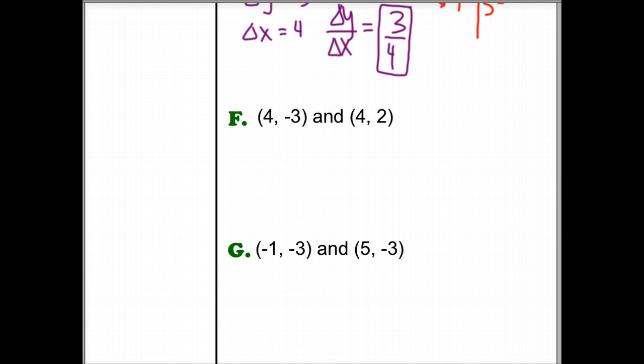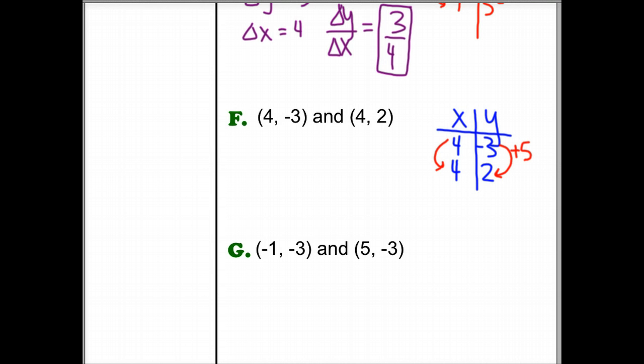We have 2 more problems to work on. So again, another t-table with x and y, 4 and -3, and 4 and 2. So let's calculate the change here. From -3 to 2, we're adding 5.